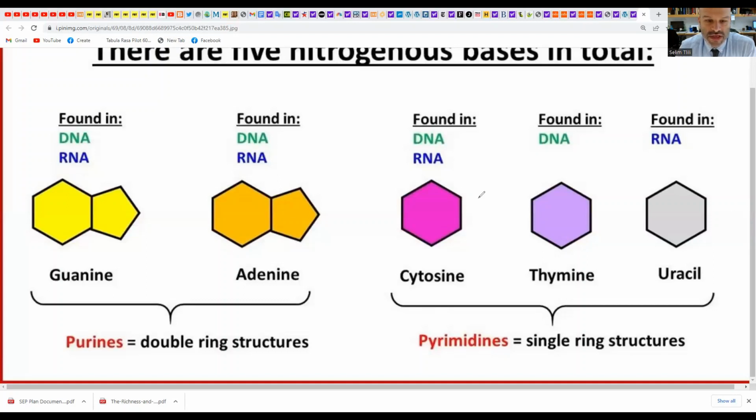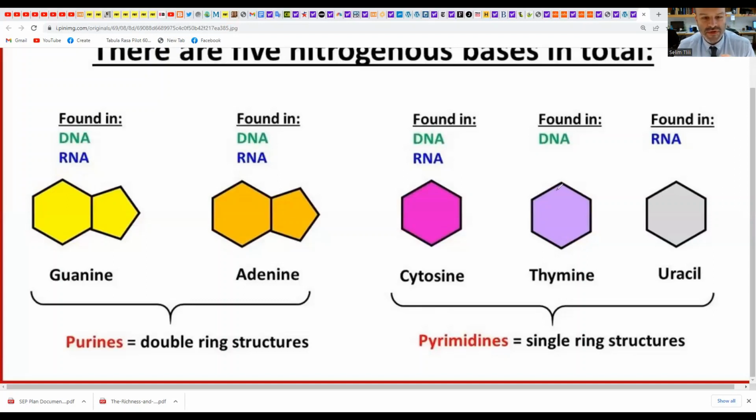Essentially, what you need to know is that guanine forms optimal hydrogen bonds with cytosine, while adenine forms optimal hydrogen bonds with thymine.